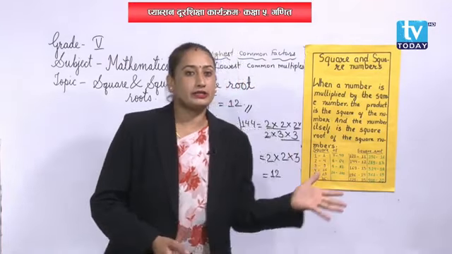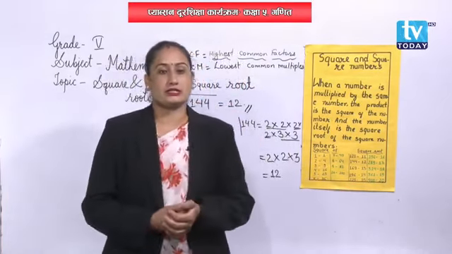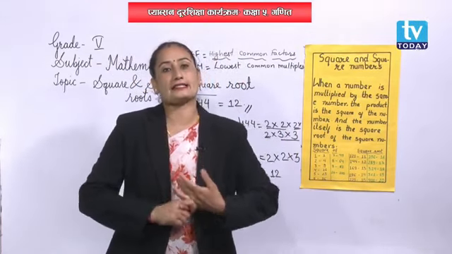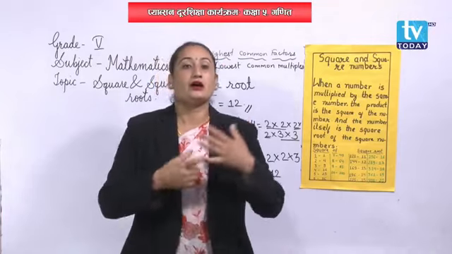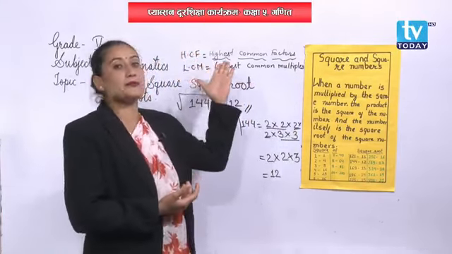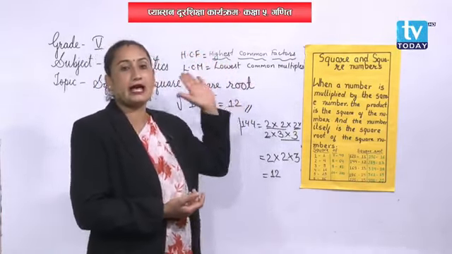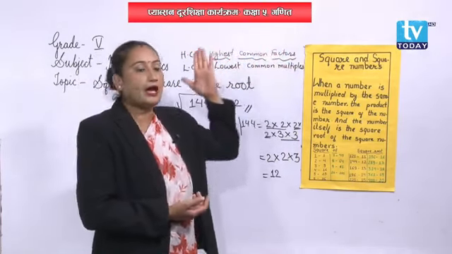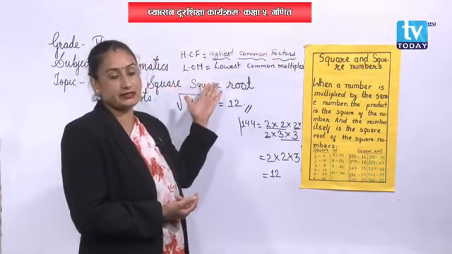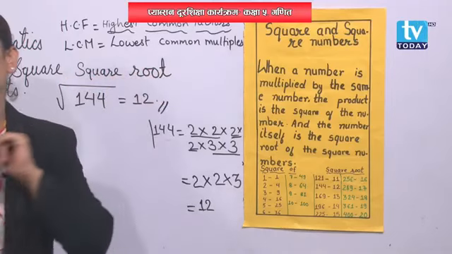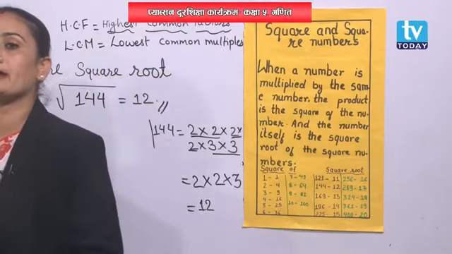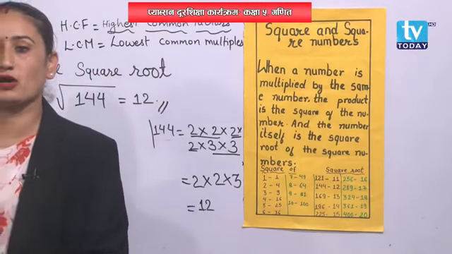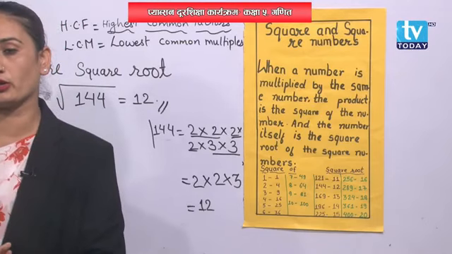Today we are learning specially how to find the HCF and LCM. The full form of HCF is highest common factor and the full form of LCM is lowest common multiple. And we are doing square numbers and square roots.